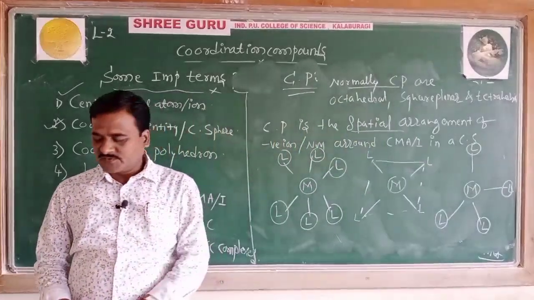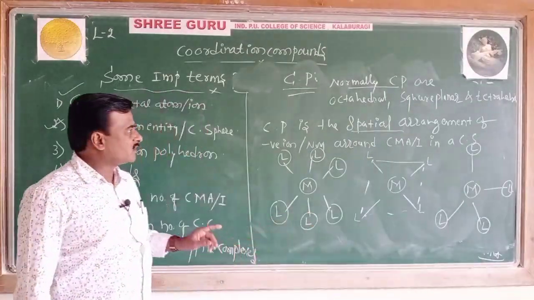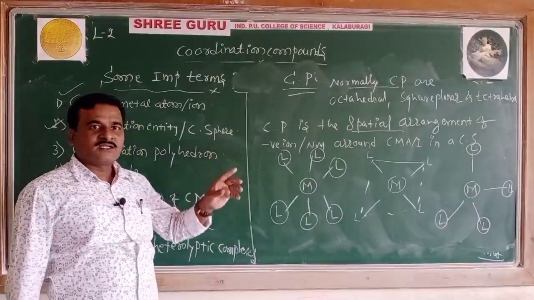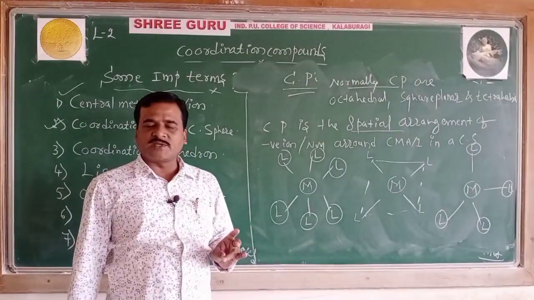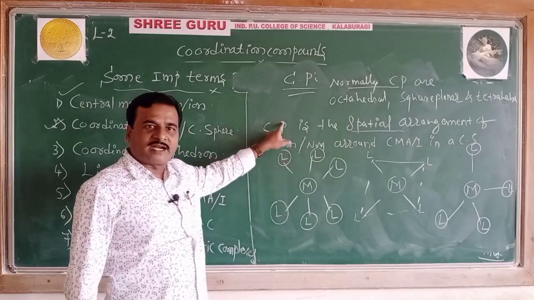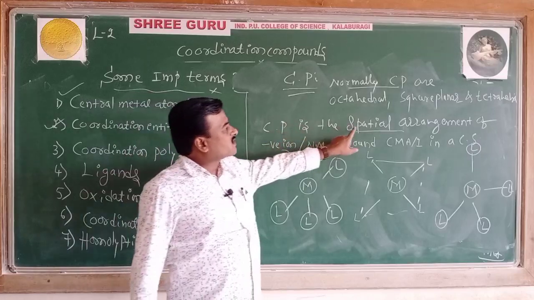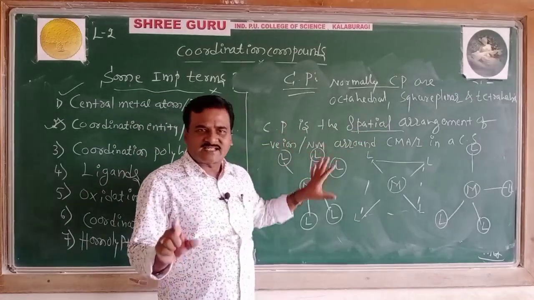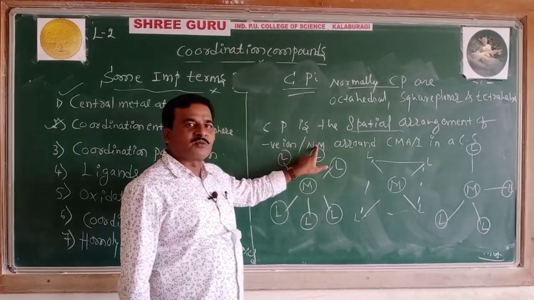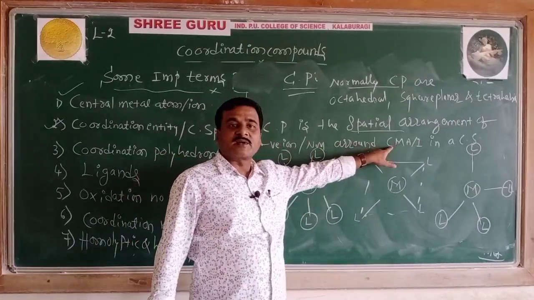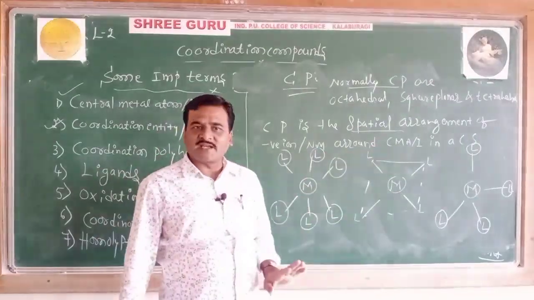We have covered three important terms before we go to the fourth one. First, central metal atom. Second, coordination entity or coordination sphere. Third, coordination polyhedron, which is the spatial arrangement of ligands, ions or neutral molecules, around the central metal atom or ion in a coordination sphere.